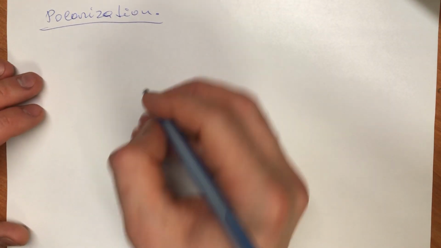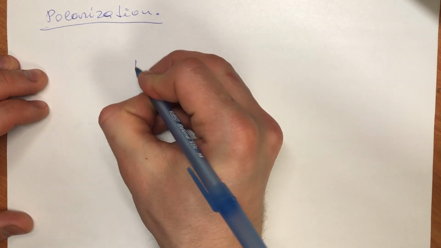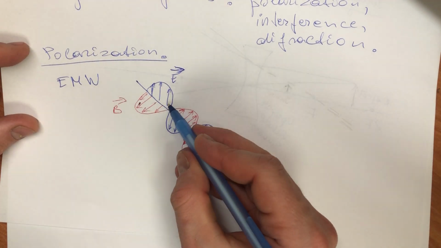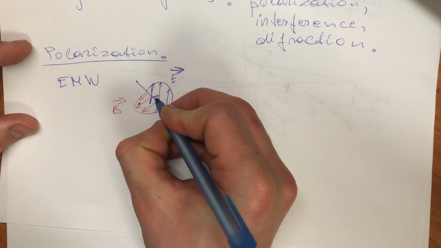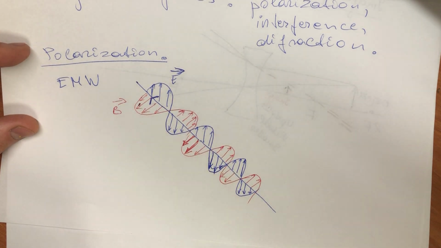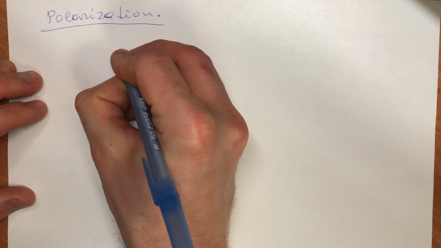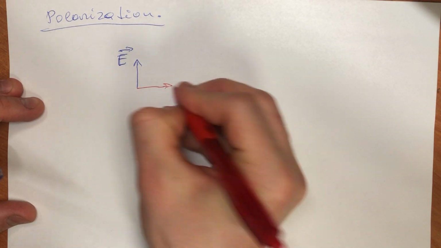Okay, so now as we can see, the electric field is oscillating here, and the magnetic field is at the right angle with the electric field. So okay, we have electric field and we have magnetic field here, and we have a right angle. So maybe let's write this angle in pencil.